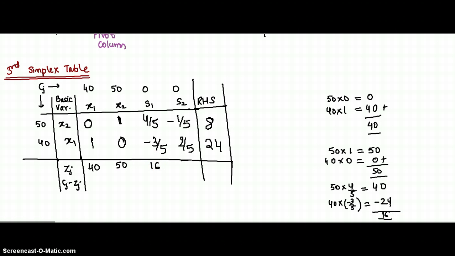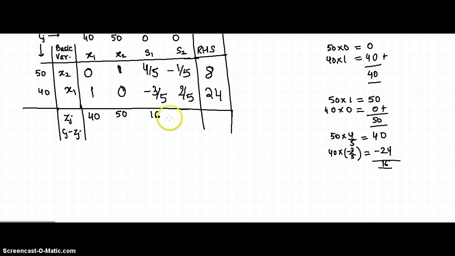Similarly, for this one, it is 50 into minus 1 over 5, that is minus 10, and 40 into 2 over 5, it is 16. So when we add them, we'll get 6. And the corresponding Zj value, 50 into 8 plus 40 into 24, will give you 1360.